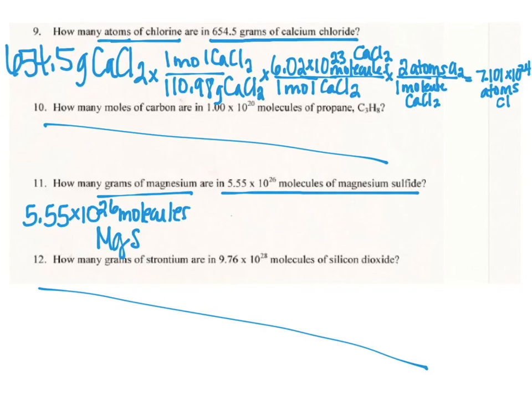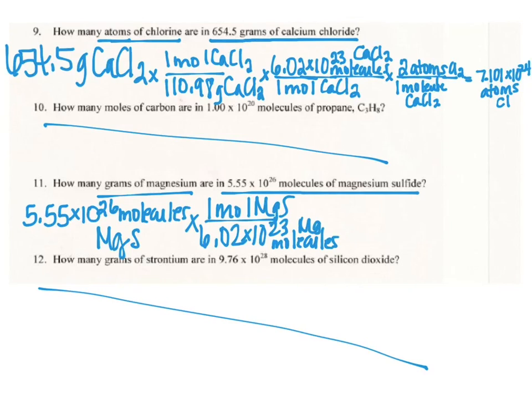MgS. And we know that in every 1 mole of MgS, there are 6.02 times 10 to the 23rd molecules. And we need the grams of magnesium.